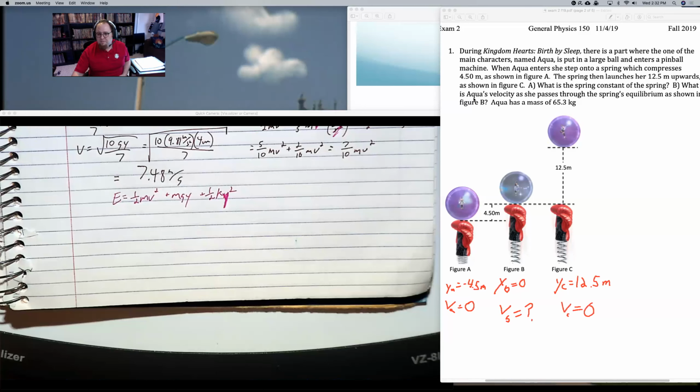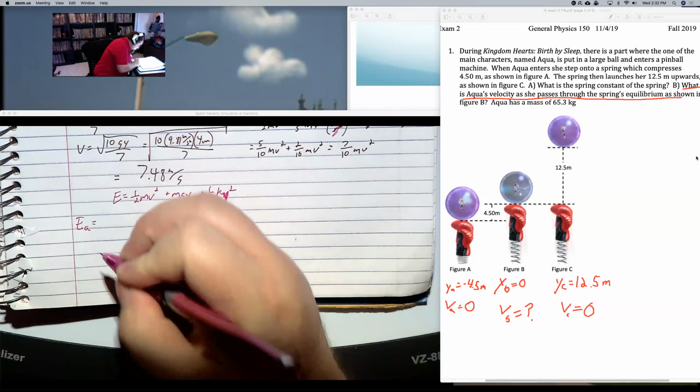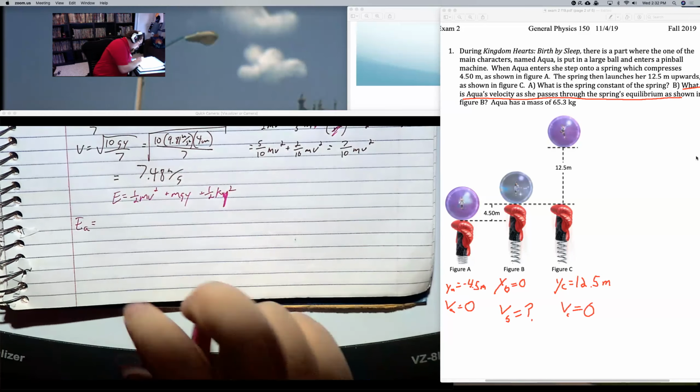I asked for what is Aqua's velocity as she passes through the spring's equilibrium position. So now that I have that, I'm going to write 3 energy equations, one for A, one for B, one for C. And say my energy at A, v is 0, so that term goes away.